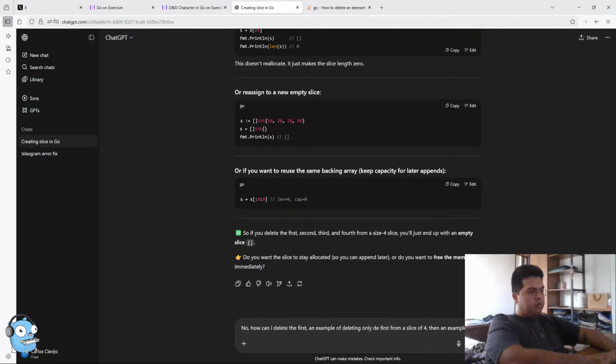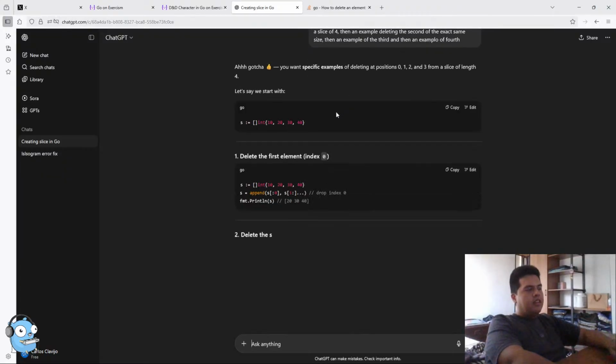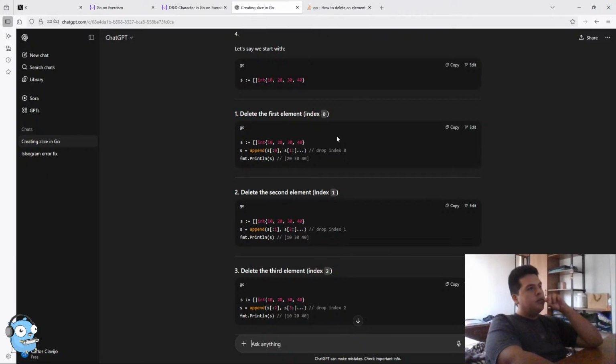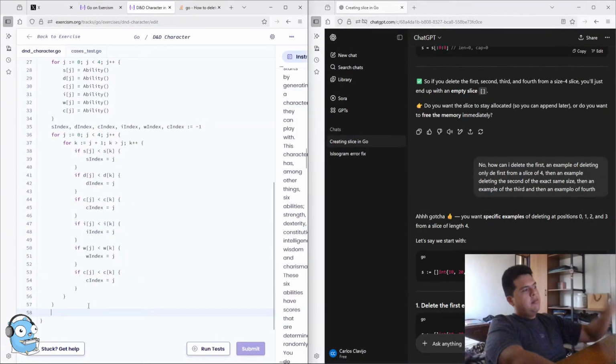Then an example deleting the second of the exact same size. Then an example of the third, and then an example of the fourth. And a gotcha: deleting index 0. That's a very weird way to do this, but okay.